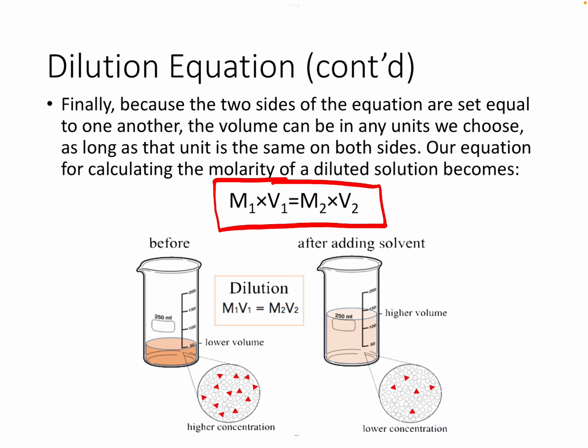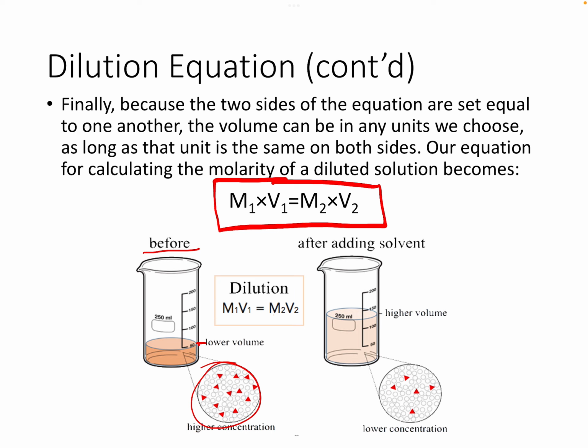So, for example, let's say before dilution, we have about 50 milliliters of solution, and we have a certain number of moles in that solution. Now let's say that we add water.